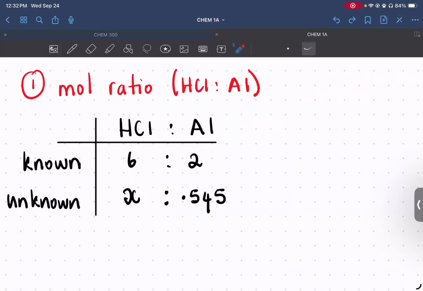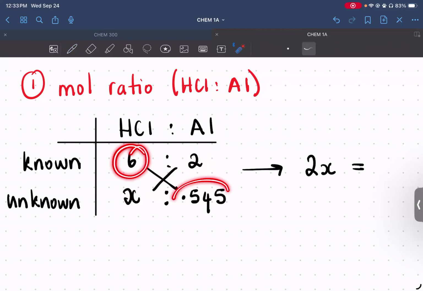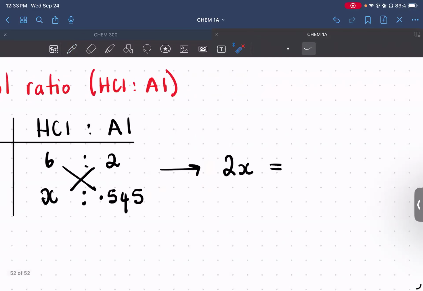Those of us who may be math inclined may already know what I'm about to do next. Now we are going to cross multiply. By cross multiplying, what we get is 2 times X, 2X, equal to 6 times 0.545.